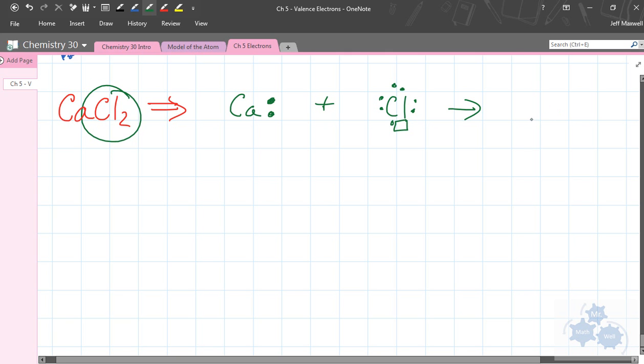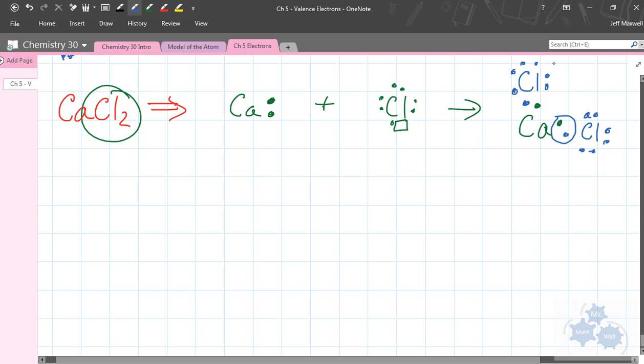So it would look something like this. Now you have to move your dots around, which is totally fine, and I'm going to use different colors here. One chlorine says, can I use one of your electrons? And calcium says, sure. Then another chlorine says, you still have 1 left over, can I use it? It says, sure.